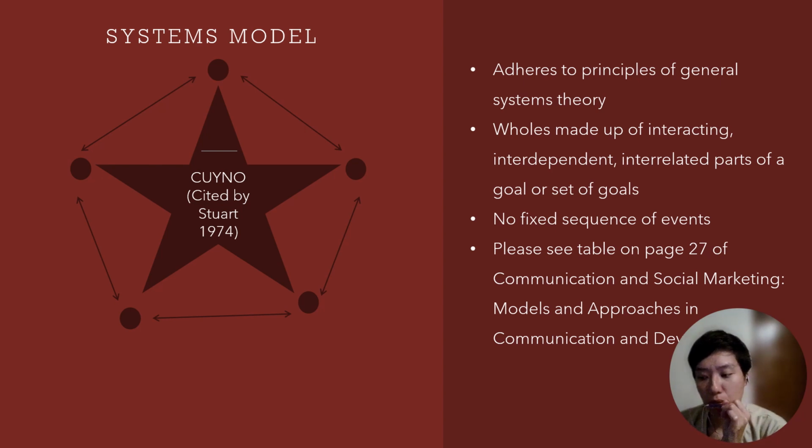And our visual represents it as a group of wholes which are interacting, interdependent, and interrelated. And they're all part of a goal or a set of goals. It has no fixed sequence of events, and for more information and comparison between the three groups, you may check out page 27 of our textbook, Communication and Social Marketing.